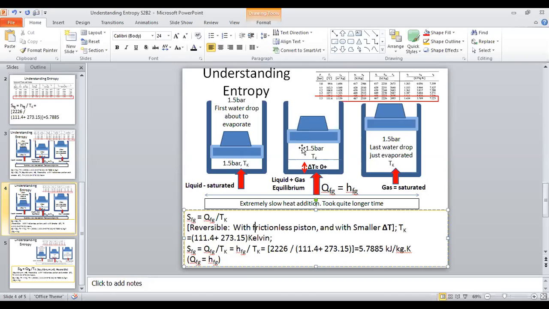If you take the heat out, the piston may remain there if there is friction on the piston, so it won't come to the previous state. So the frictionless piston and smaller heat transfer delta T are very important.